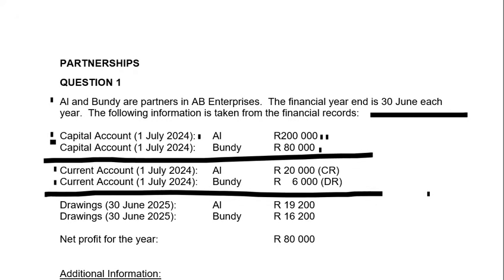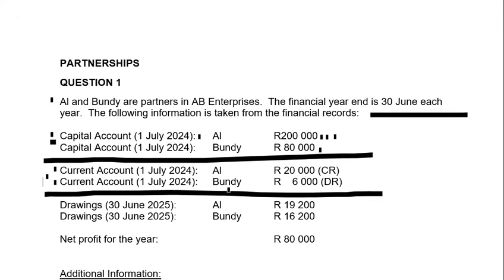So it's a little bit different to a sole proprietor where the profit ends up in the capital account. In a partnership, the share of the profit will be entered in the current accounts. If there is an extra capital contribution during the year, it will be added to the balance of the capital account.